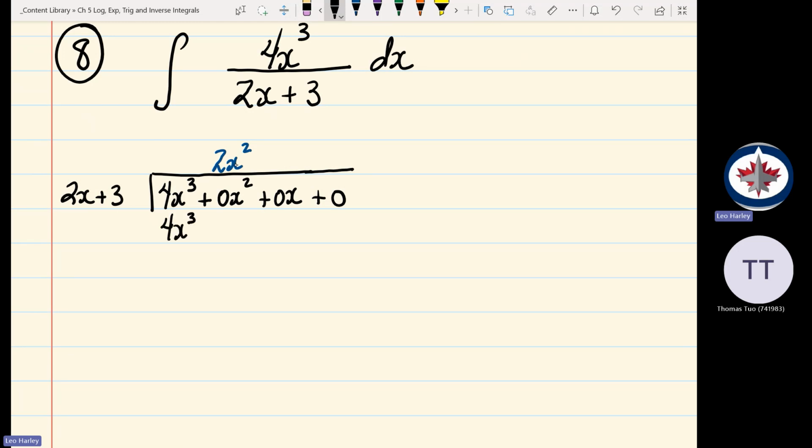And then don't forget about the annoying little brother. That's going to create plus 6x squared. Then you put brackets around it, and remember to always subtract. When you do the subtraction, aren't you now left with minus 6x squared?